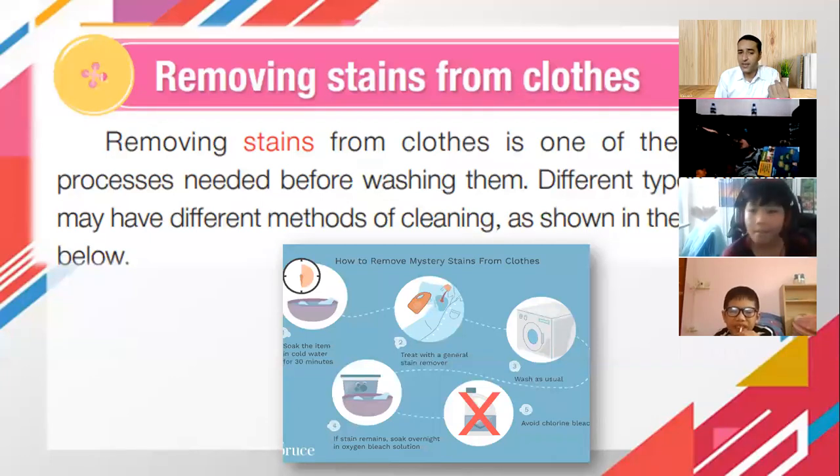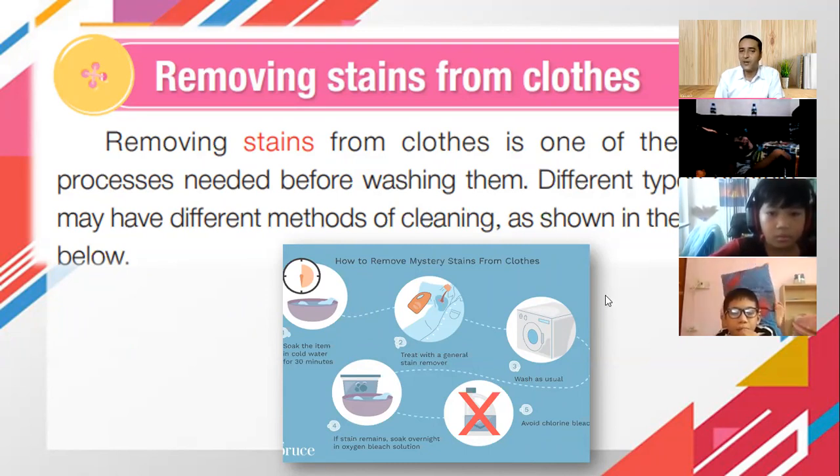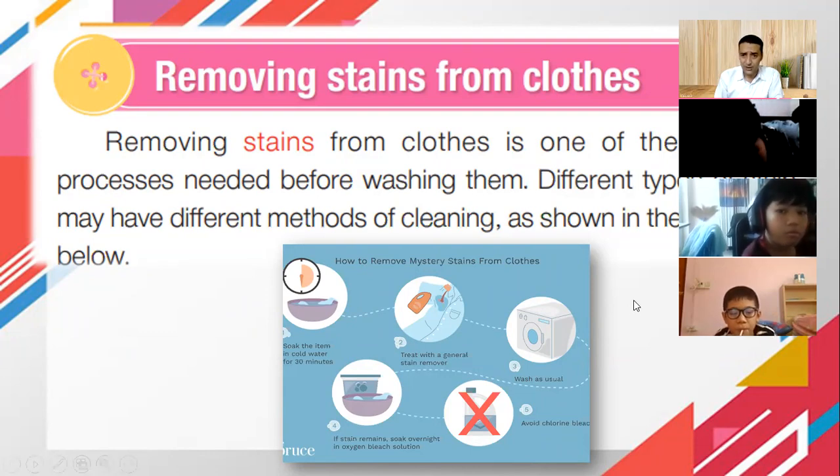And the 4th one, if the stain still remains, we have to soak it overnight in oxygen bleach solution. So it will help to remove the stain. Okay, students, you understand how we are going to remove the stain? So different stain, we require different solution. Okay, so this one is for menstrual stain from the clothes.